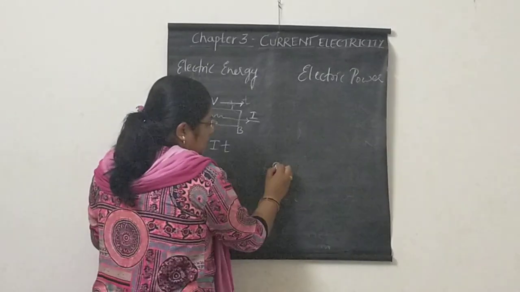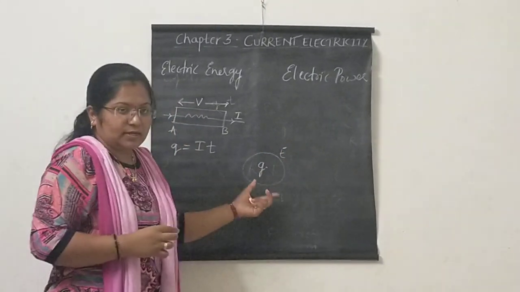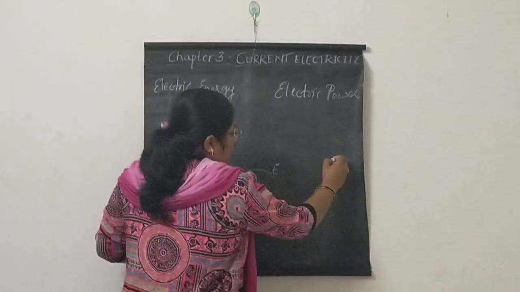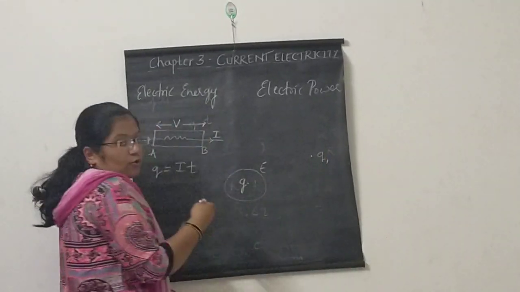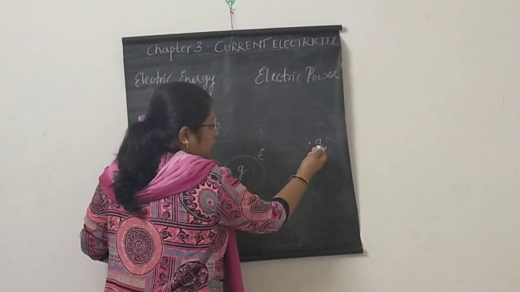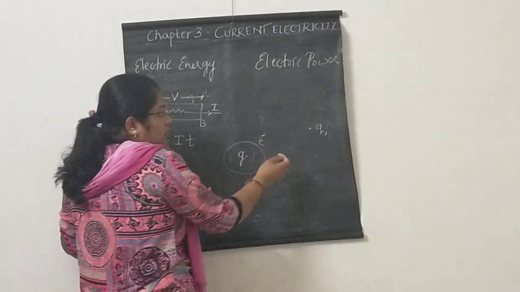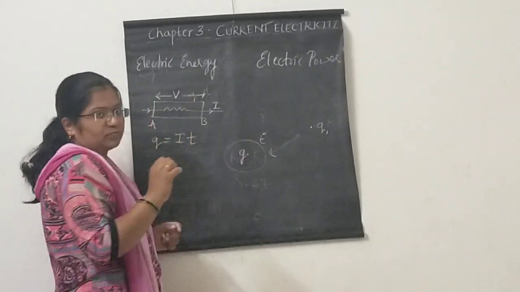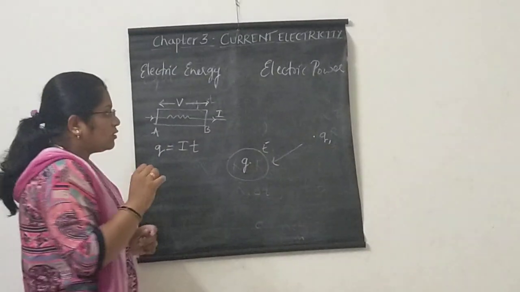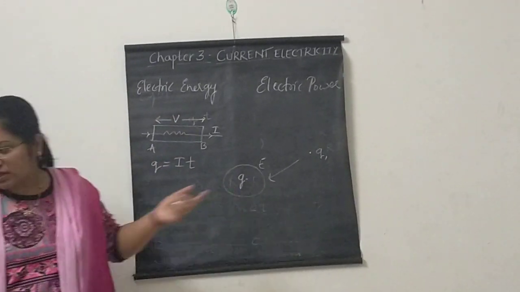Means if Q is a point charge having its own electric field, and another charge Q1, or you can say a unit charge, is there. If you want to bring this charge from infinity to any point, there should be a work done, called electric potential. That we'll study in the second chapter in detail.